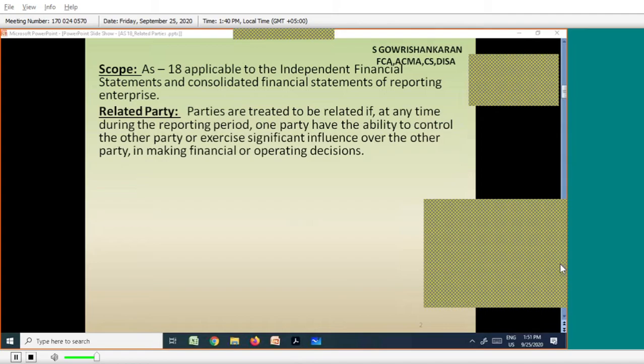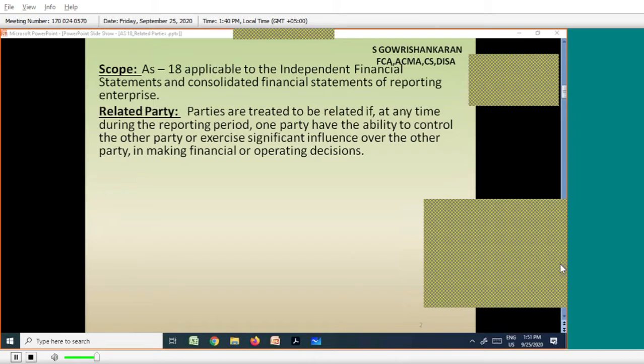So what is mentioned here? Parties are treated to be related parties any time during the reporting period if one party has the ability to control the other party or exercise significant influence over the other party in making financial or operating decisions. As per AS 18, how do they define related parties?